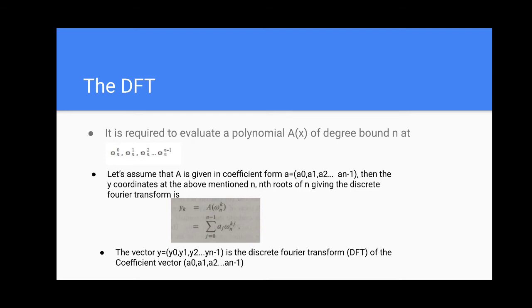Then the y coordinates at the above mentioned nth roots of unity can be obtained using the formula yk is equal to a of omega n to the power of k, which is the summation of j varying from 0 to n minus 1 of aj omega n to the power of kj. The vector y is the discrete Fourier transform of the coefficient vector a0, a1 up to a n minus 1.